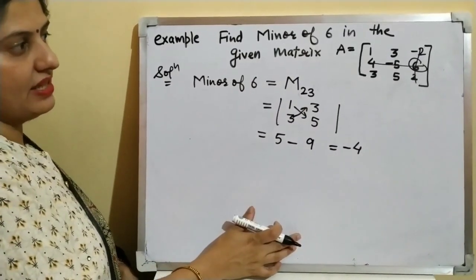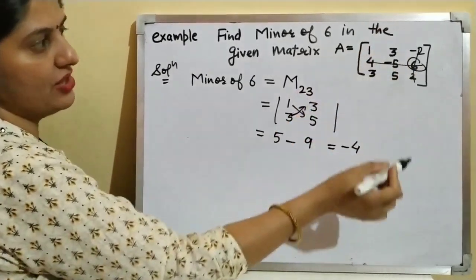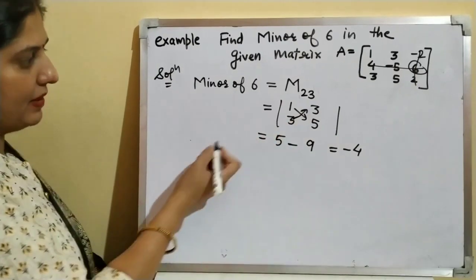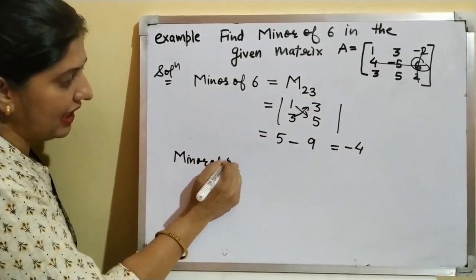In the same way, we can calculate the minor of any element of the given matrix A. For example, the minor of 5.